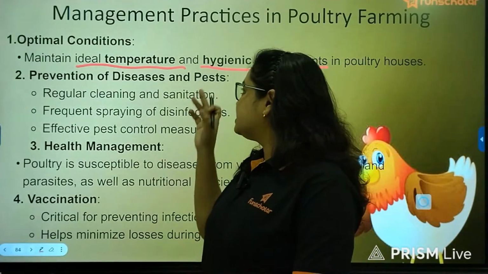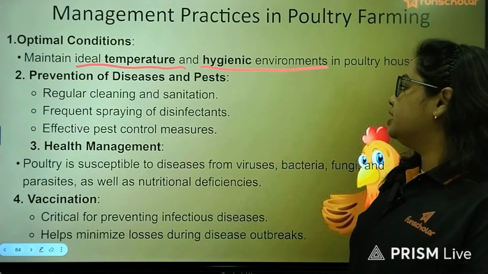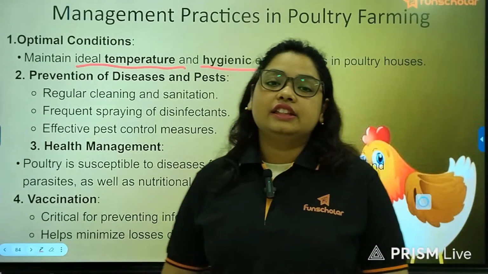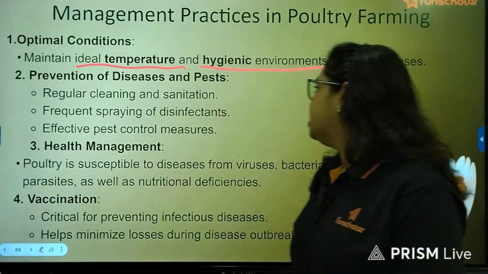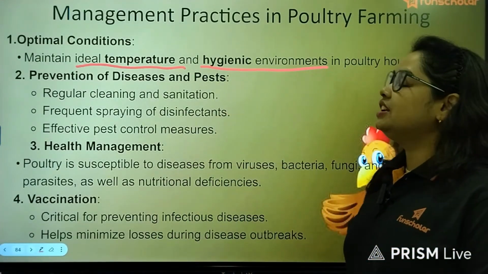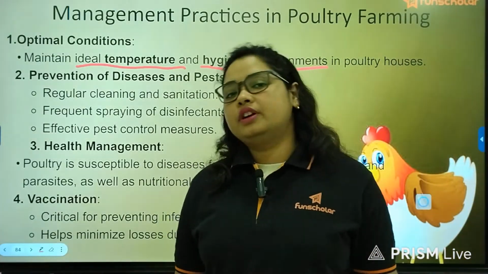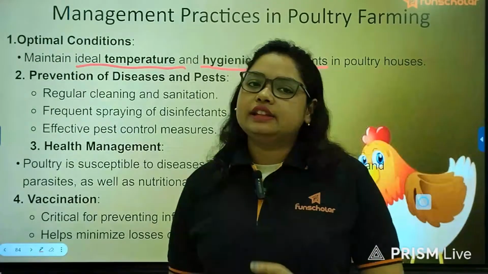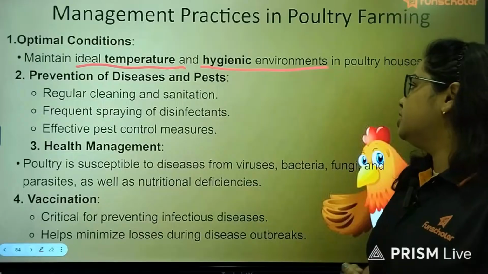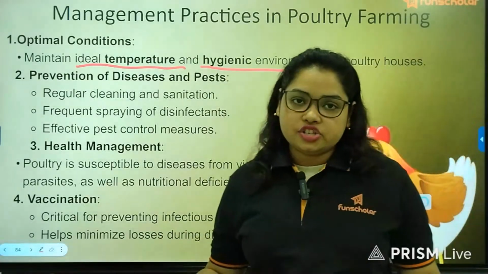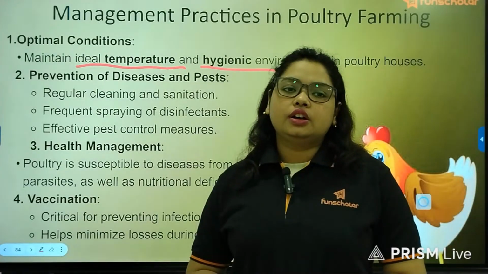And similarly in this case also for the poultry farm, ideal temperature maintenance is necessary. As I said, the bird species are very much vulnerable to rising temperature, and rising temperature increases their stress level, and if they are stressed it will hamper the egg quality that they produce. And hygienic environment here will also include ventilation, regular cleaning and maintenance of the void.